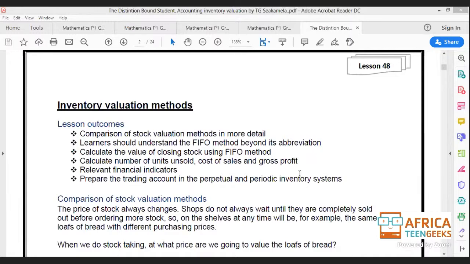Now, guys, I need to pause here. When you do stock valuations, it depends on what business you are. So basically, all businesses value their stock depending on what?